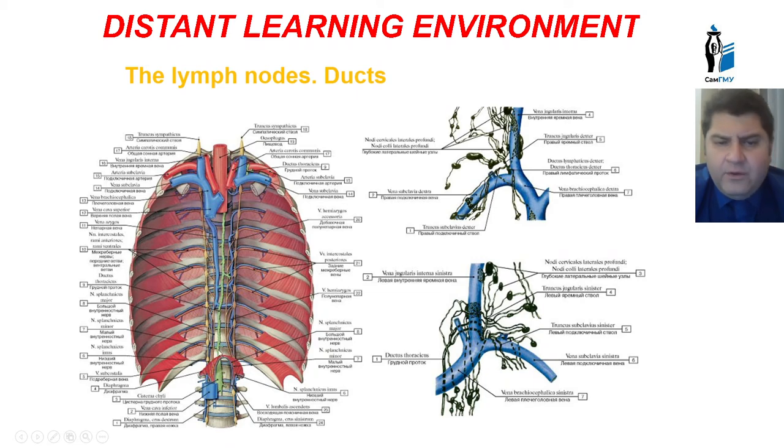It passes through the aortic hiatus with the aorta, and now we can see the passing of this duct into the left venous angle. So also we can see lateral profound nodes of the cervical, of the neck region, and here we can see also lateral neck profundus nodes.